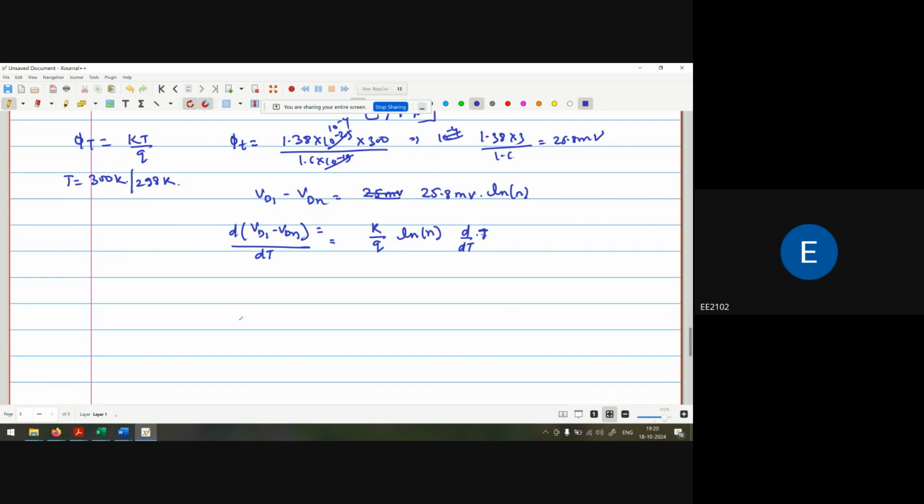So we differentiate with respect to t, and this becomes 1. So d(VD1 minus VDN)/dt is equal to k upon q ln n.